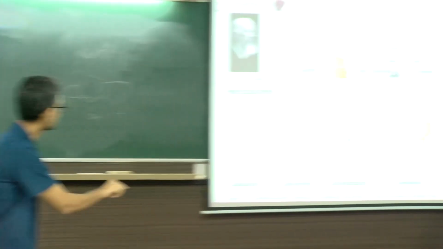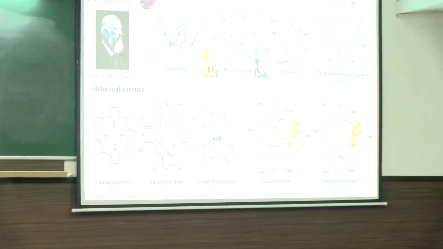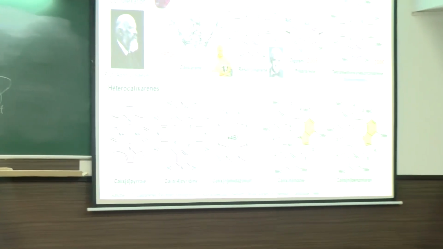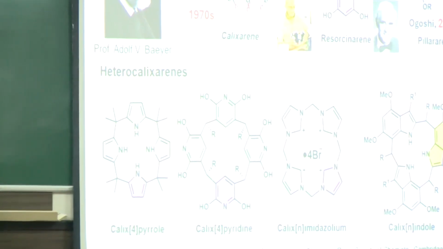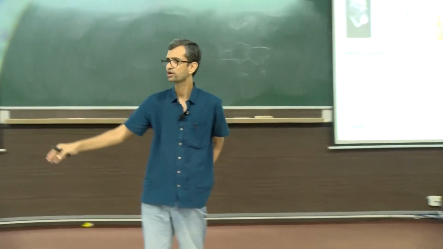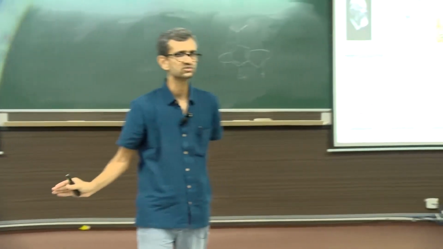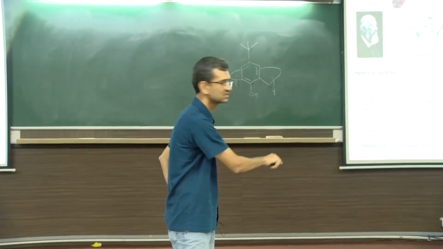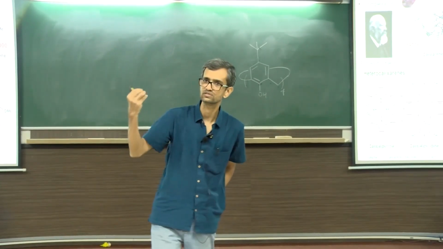With calix pyrrole, if you look at Jonathan Sessler's papers, he has used this to sense various anions, fluorides, chlorides, iodides. A lot of these anions were recognized using this scaffold. You can capture these anions as well.